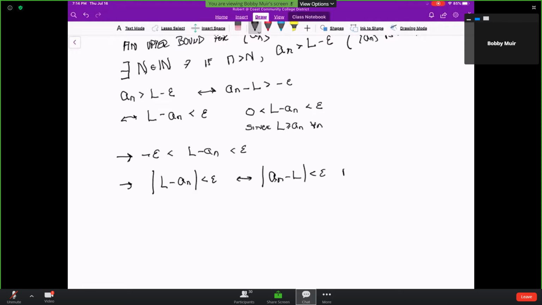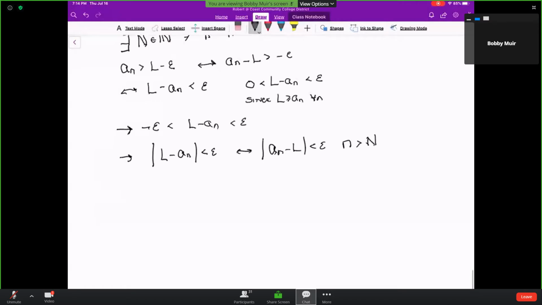Now, this is true whenever n is bigger than this number. This is the definition of what it means to be a limit. The limit as n tends to infinity of A_n is equal to L.